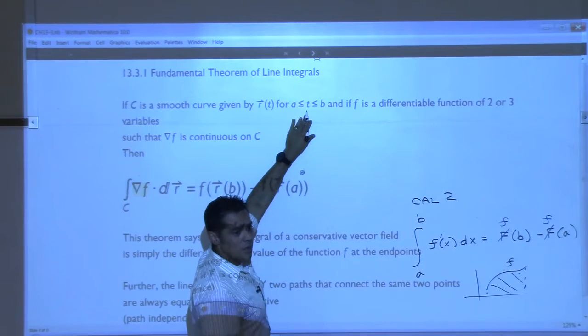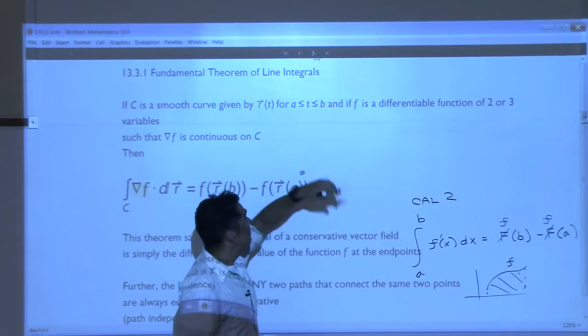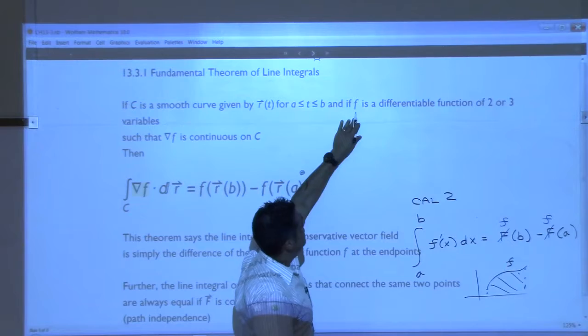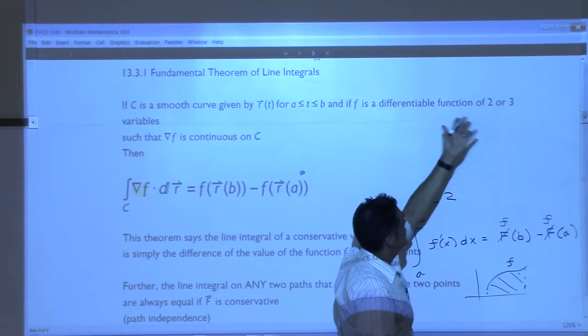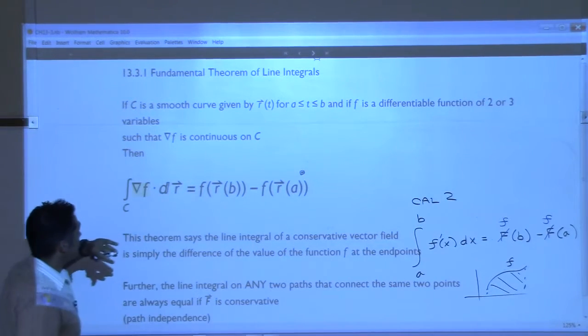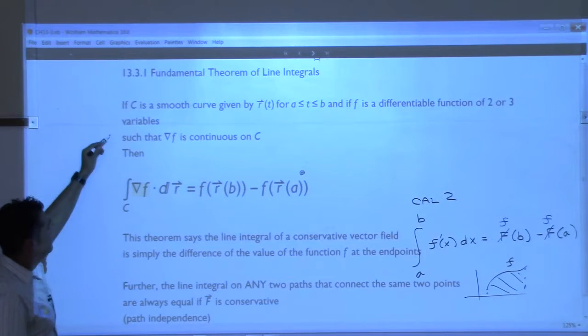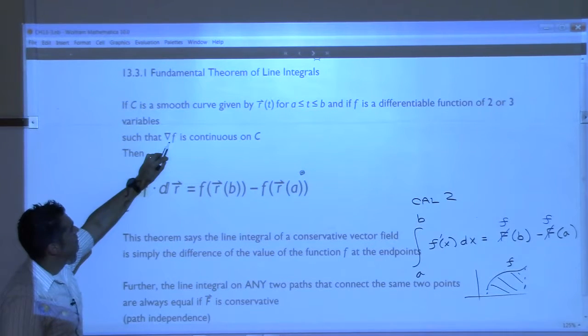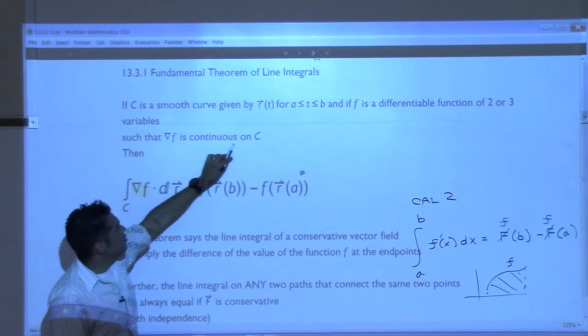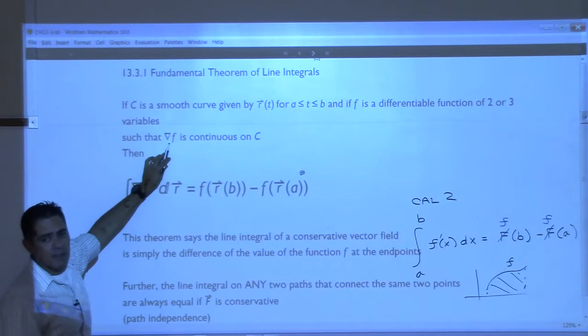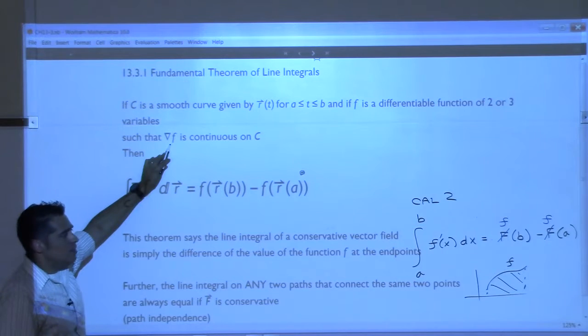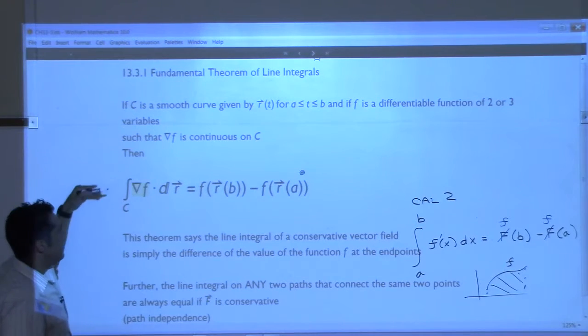You have restrictions on t, right, which will draw your curve. And as long as f is differentiable and it's either got 2 or 3 variables in it, such that the gradient of that scalar function is continuous on C, meaning when we take the gradient, it's defined, it makes sense on the curve. Then we have this result.